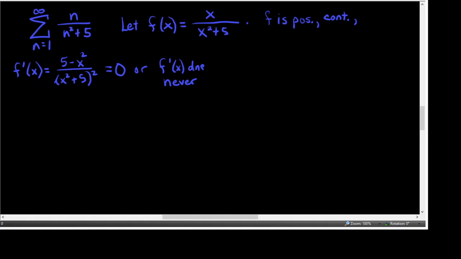Okay, the only way this fraction can equal 0 is if the numerator equals 0, which means that 5 will equal x squared. And so x is plus or minus the square root of 5. So we have two critical numbers, negative square root of 5 and positive square root of 5.